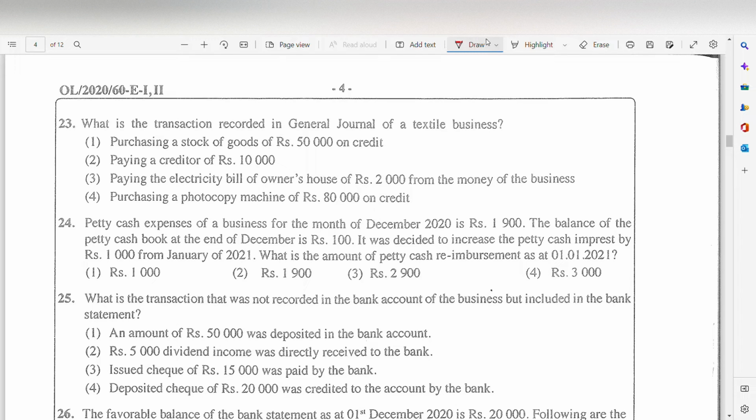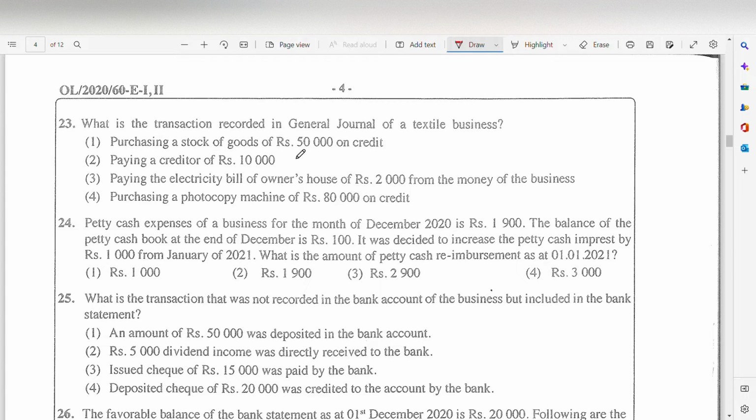Purchasing a stock of goods of rupees 50,000 on credit. Now here you are buying stock of goods which are with the intention of resale. So the prime entry book should be purchaser's journal. Second one, paying a creditor of 10,000. Now if you are paying a creditor, the prime entry book should be cash book.